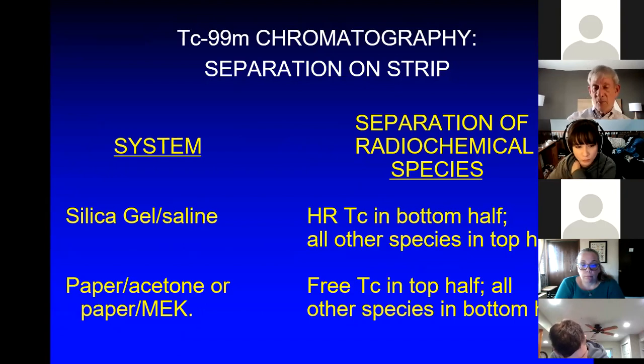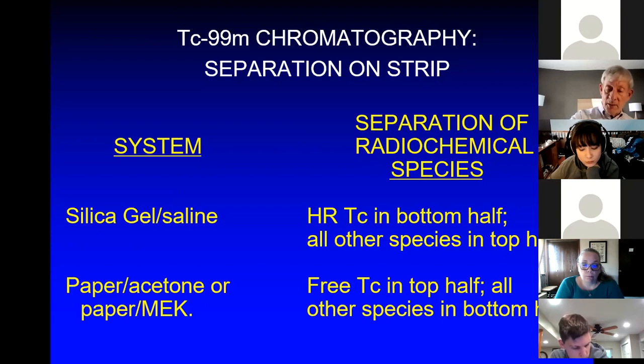So in the first system here, for example, if hydrolyzed reduced tech is on the bottom, we would take the counts on the bottom and then divide by the counts on the entire strip, and that'll give us a percent hydrolyzed reduced. The bottom one, Freetec, goes to the top, and everything else stays at the bottom.